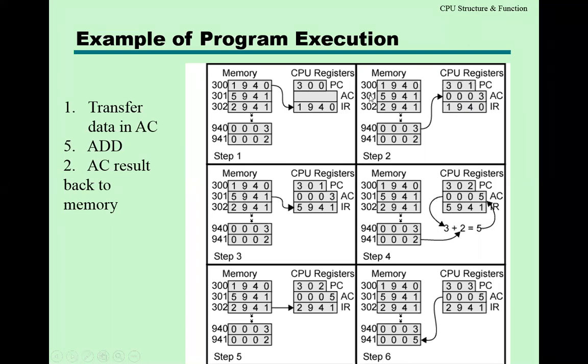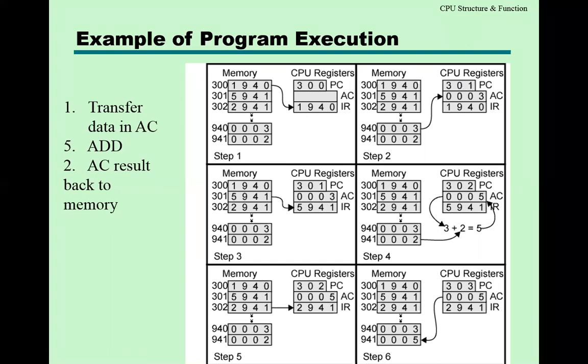In the main memory at 301 there is another instruction, that is 5941. So in the next step you can see 5941 is loaded into the IR, the instruction register. Now this instruction will be executed in the ALU.